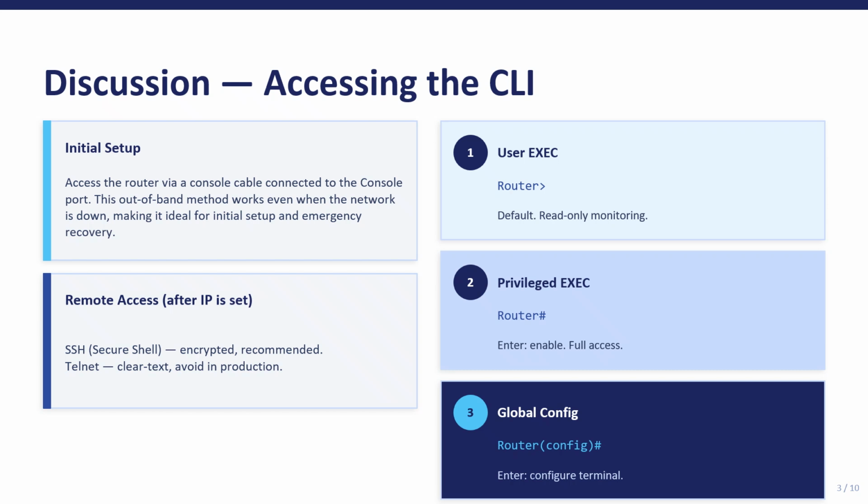The CLI or command line interface has three main modes: user EXEC for basic monitoring, privileged EXEC for management, and global configuration for making changes. Do you know EXEC? It's a command line mode in routers and switches where you can execute commands.